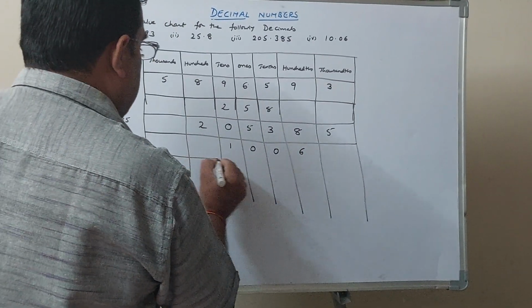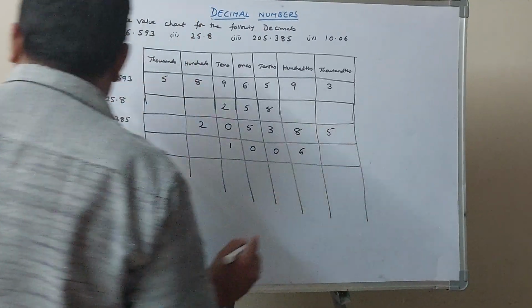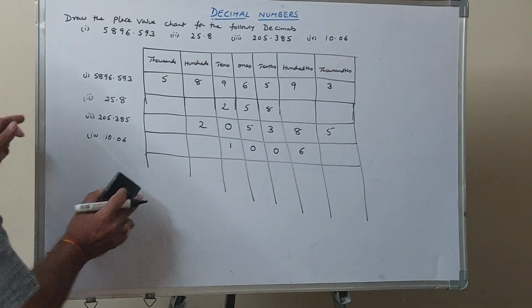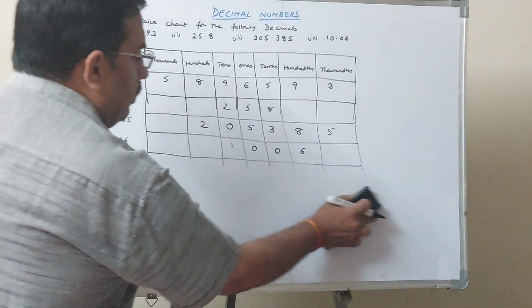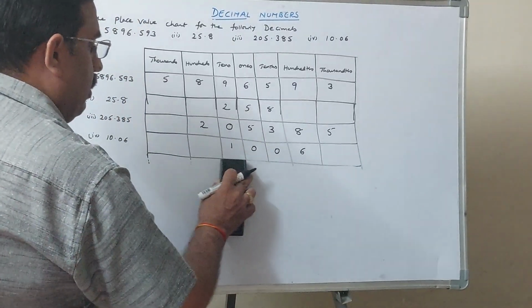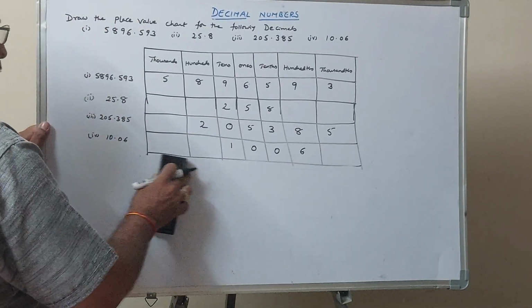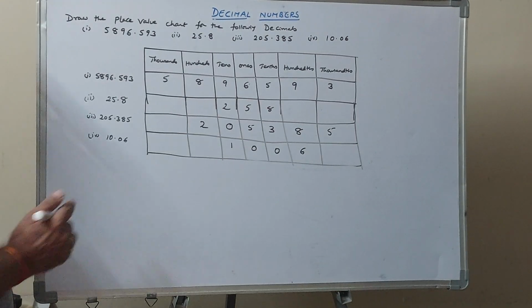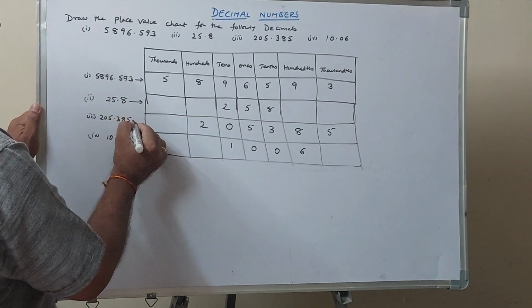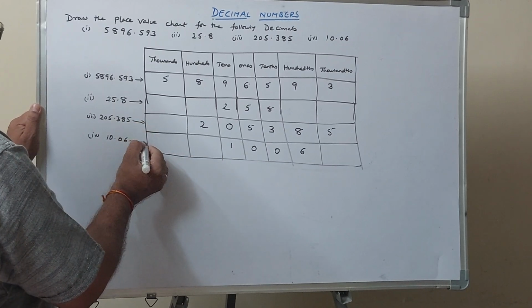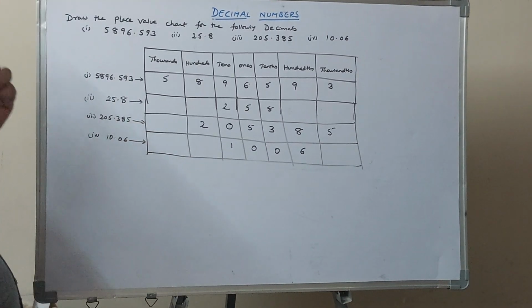This is the way of drawing the place value chart for decimal numbers. Clear or not? Any doubt in this?